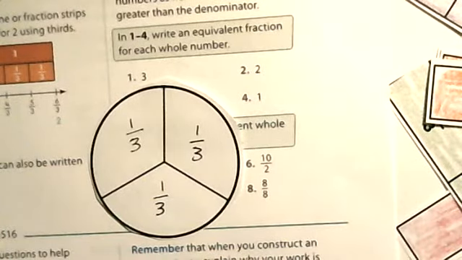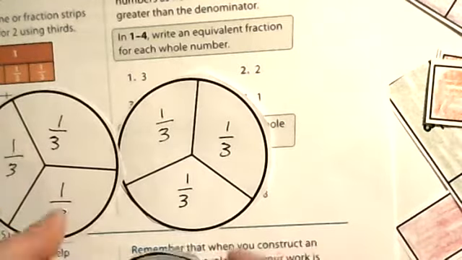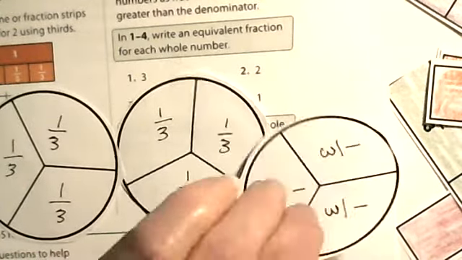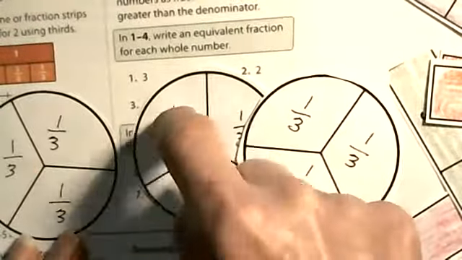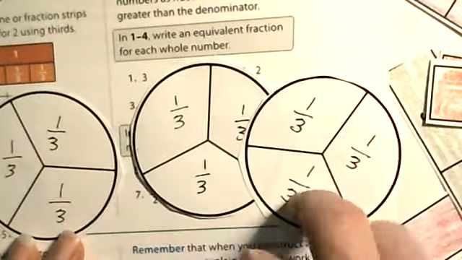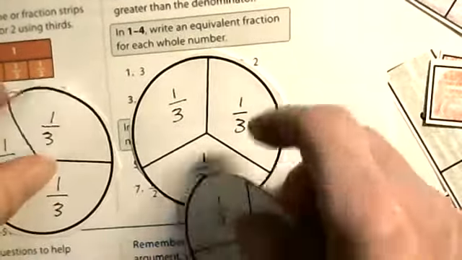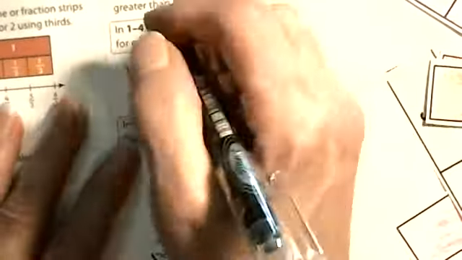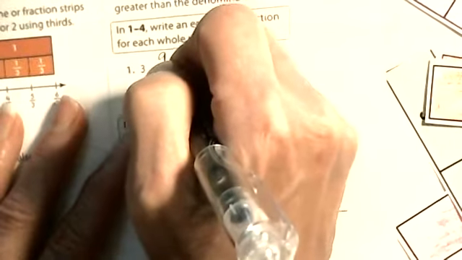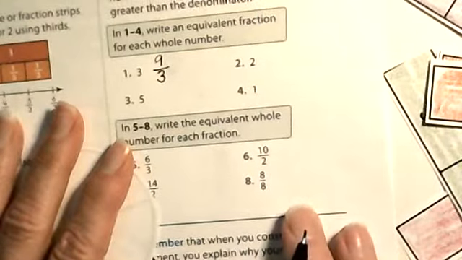I have these fractions. 1, 2, 3. Well, I could say 3 wholes is the same as 1, 2, 3, 4, 5, 6, 7, 8, 9 thirds. I could say 9 thirds. That's one option. Is that my only option?